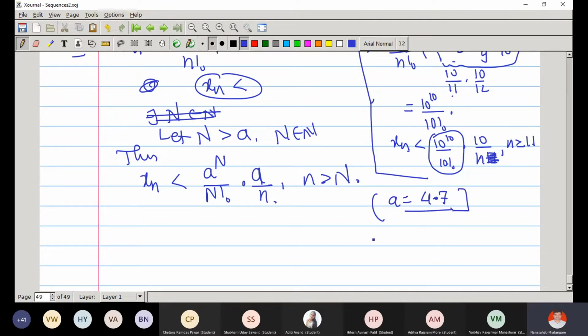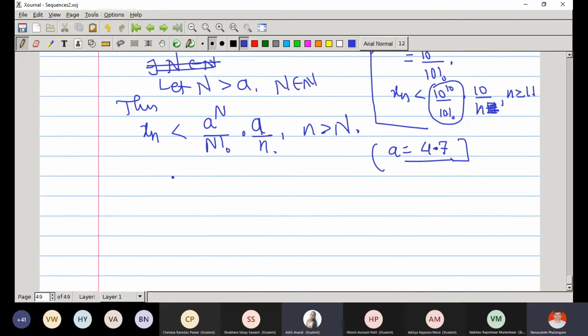Sir, can't it be like a raised to a? Like we did in the previous cases, where 10 and 2 were natural numbers, but a may not be an integer. Right? So when we solve some general problem, you should think about the worst possible situation.